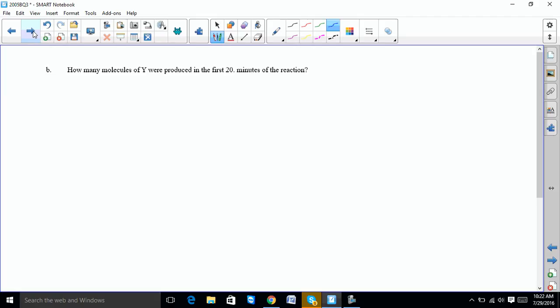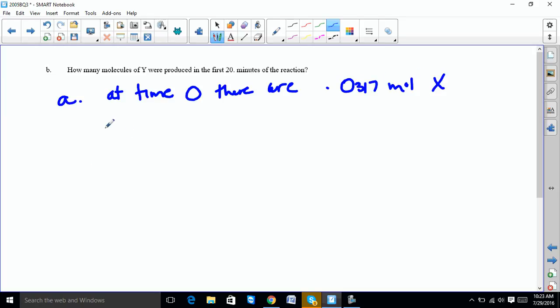So basically what happens on this one is that if you take the answer for A, which was at time 0, there are 0.0317 moles of X. And that's from part A. That's what this means.